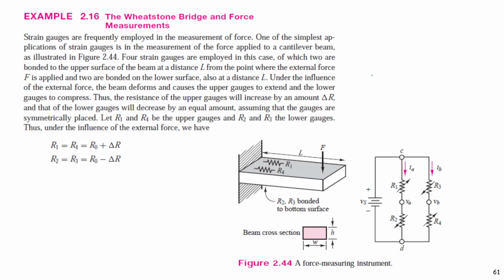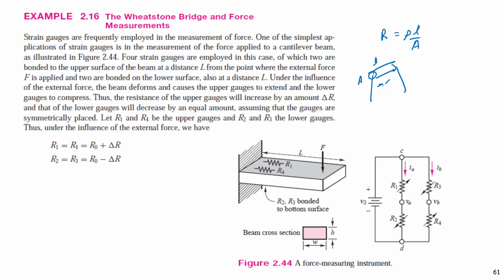Because we have the condition R is rho L by A. When you stretch this, the length increases and the cross-section is reduced. So with this type of material, when you apply force, the resistance changes, right?